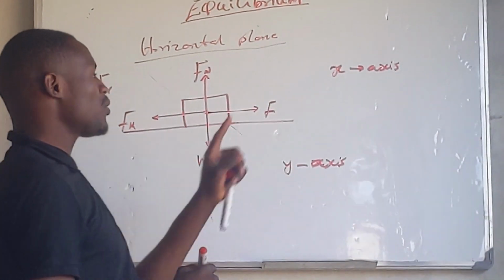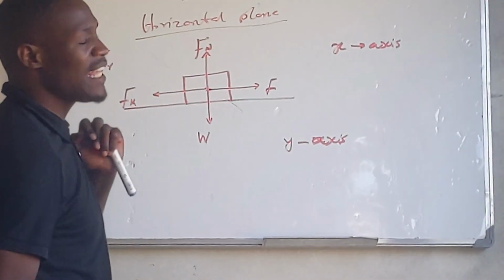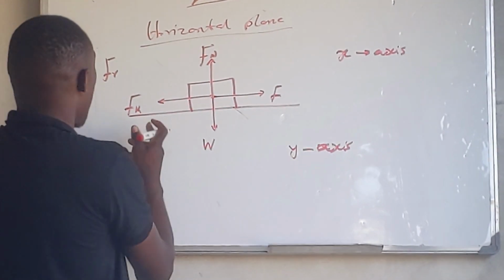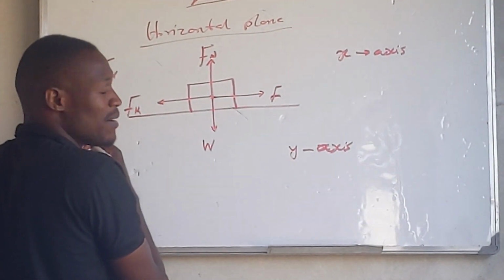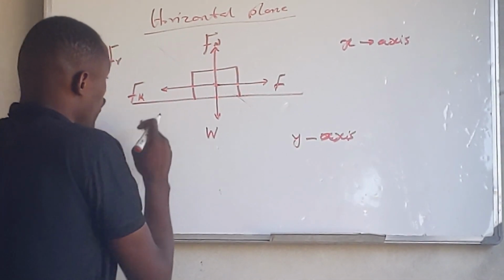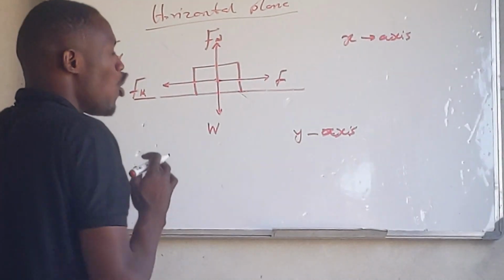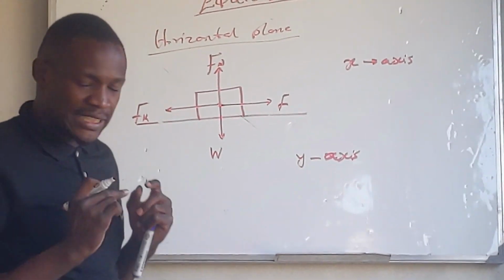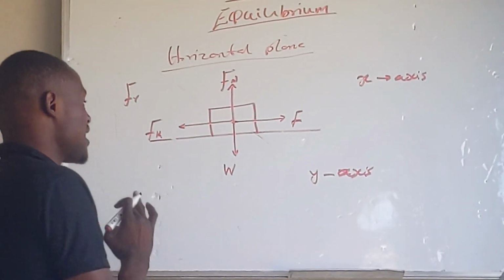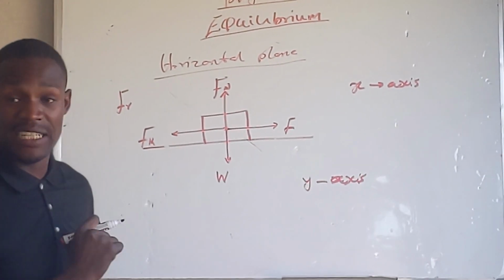Okay, let's begin with the forces in the x-axis. In the x-axis, we have this force which is opposing the motion of the other force. Therefore, since we know that when we add these two forces, the answer is 0, it means that one is going to be positive, the other one is going to be negative.